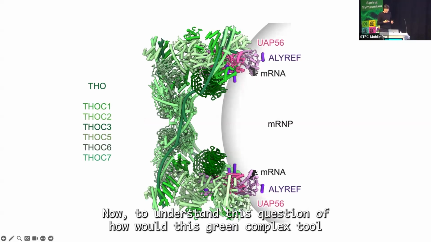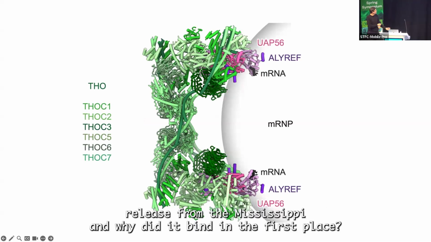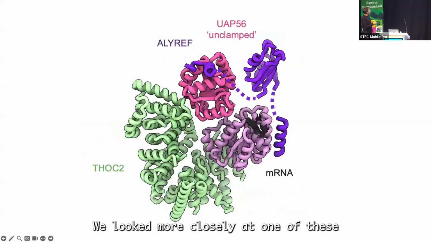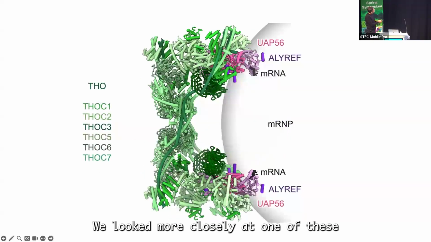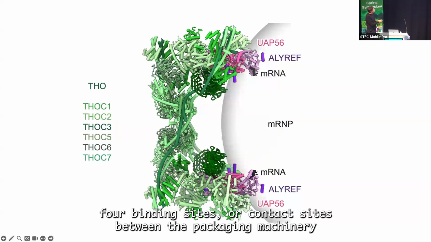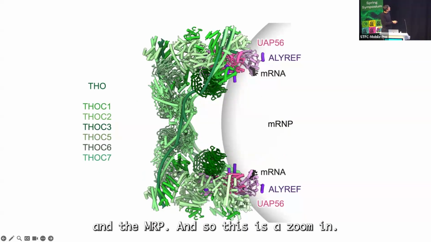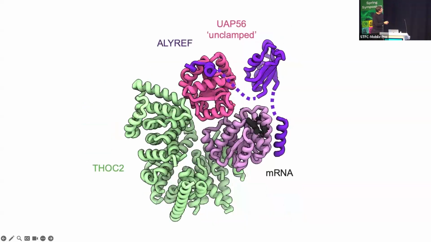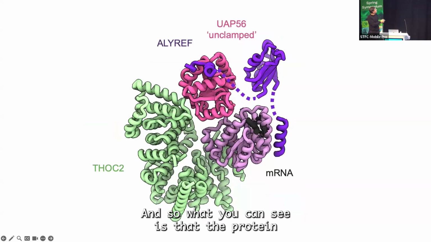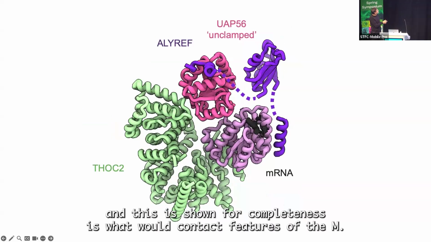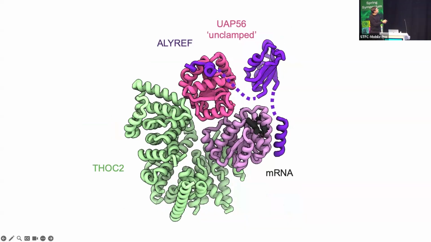Now, to understand how this green complex Tau would release from the mRNP and why it bound in the first place, we looked more closely at one of these 4 binding sites, or contact sites, between the packaging machinery and the mRNP. This is a zoom in. What you can see is that the protein allograph, shown for completeness, would contact features of the mRNP.